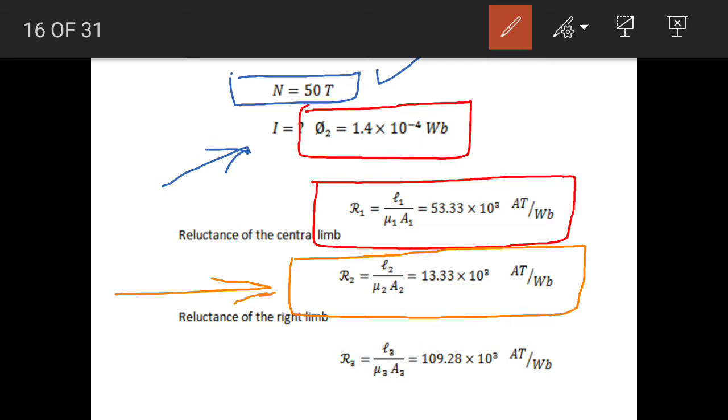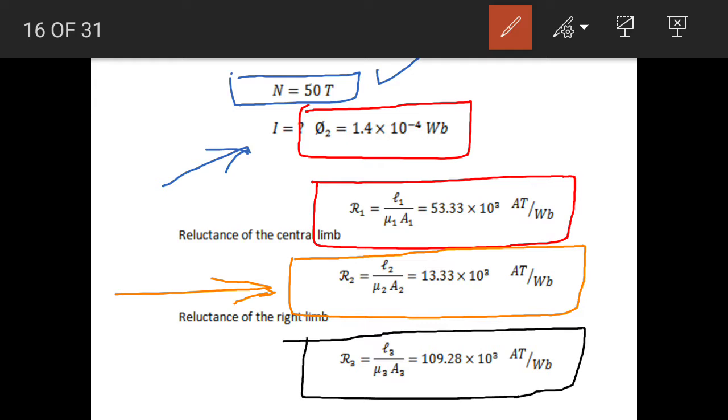If we put the values on the right hand side of R2, we get 13.33 into 10 raised to power 3 ampere turns per Weber. And finally, we calculate the reluctance of the right limb with this equation, and we obtain 109.28 into 10 raised to power 3 ampere turns per Weber.